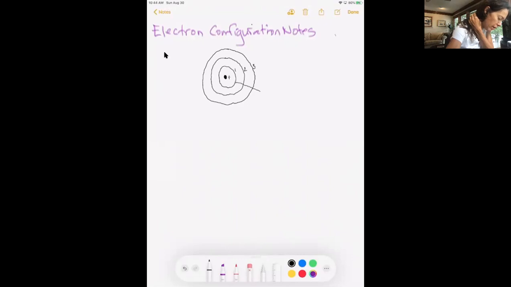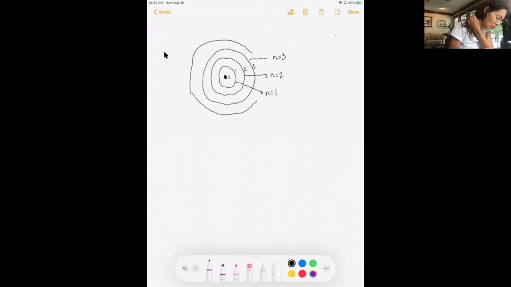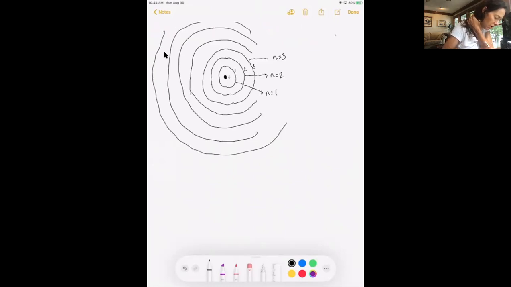So we would call this N equals 1, this N equals 2, and this N equals 3. And there are actually a total of 7 energy levels. There's 4, 5, 6, and 7, but we don't have space to draw all of that.